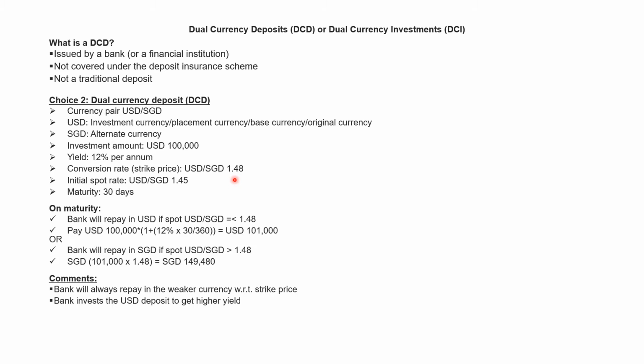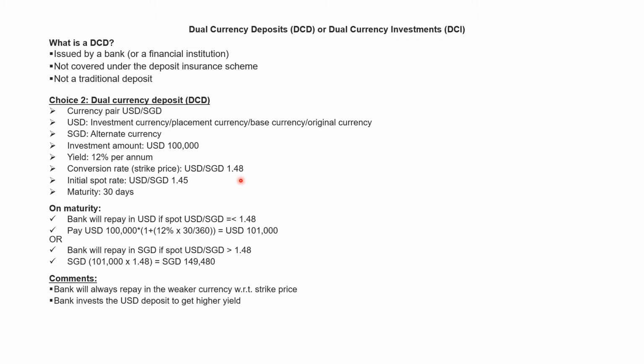This means that the bank may repay the principal plus the interest in Singapore dollars if it chooses to do so. Note that the bank has the sole discretion to choose the currency of repayment irrespective of the spot rate on maturity. However, if it chooses to pay in the alternate currency, the conversion from the US dollar to the Singapore dollars must be done at 1.48 irrespective of the spot rate on maturity.